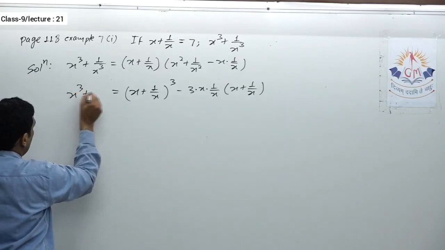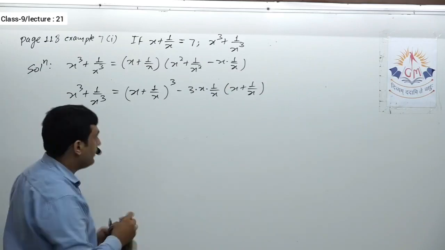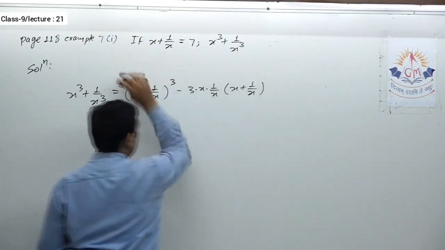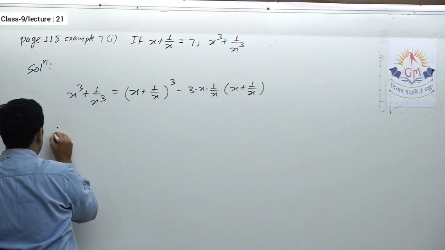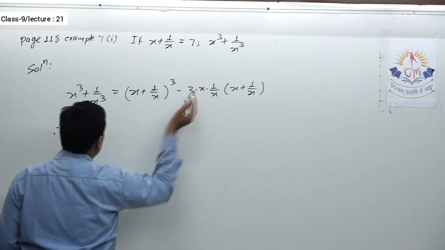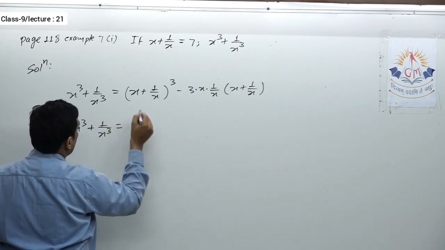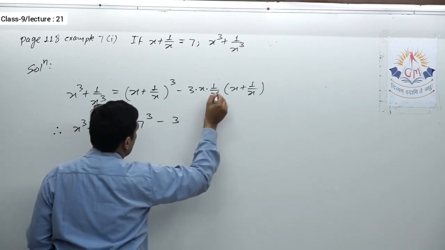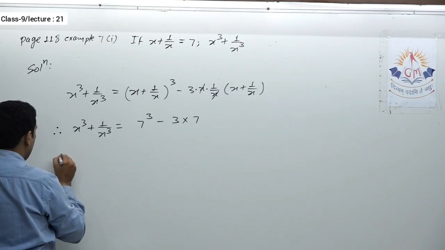So, x cube plus 1 upon x cube. As I am using this identity, I will remove this. Now simply I will put the values of x plus 1 upon x, and that's it. This x and x will cancel out. So x plus 1 upon x equal to 7, 7 cube minus 3, because this x and x will cancel out, and over here I will multiply it by 7.